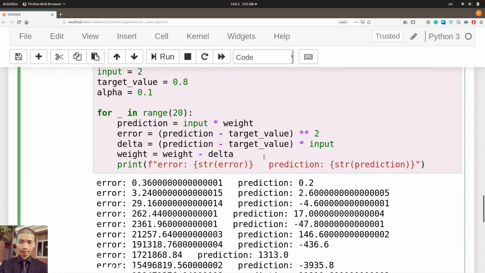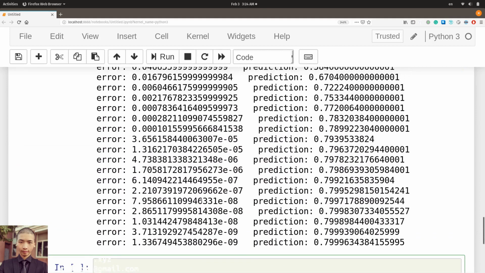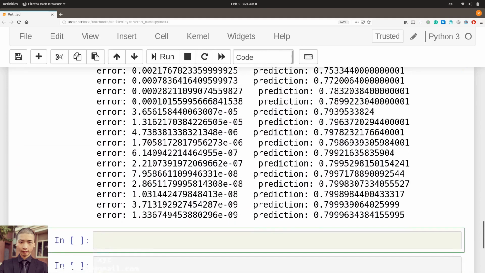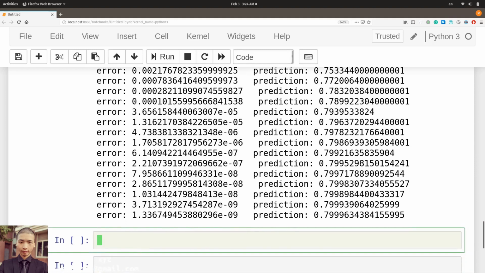When we change the weight, we have to do some calculation or make some changes to the data. We want to get a smaller value, so we should say data times alpha. Okay, now let's try to run this again. Now you can see that we still get the right prediction, and the error is getting generally close to 0.